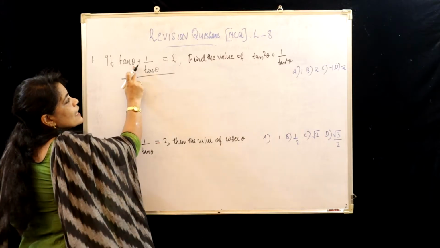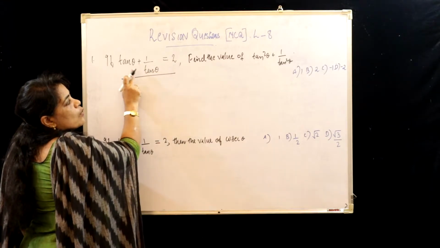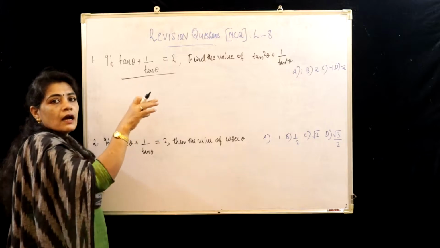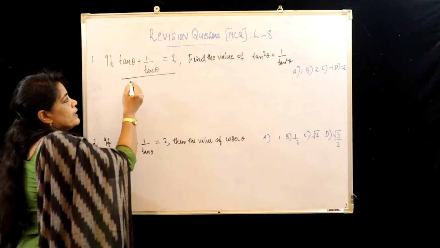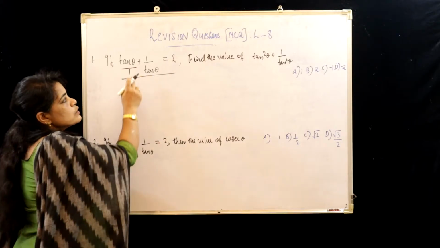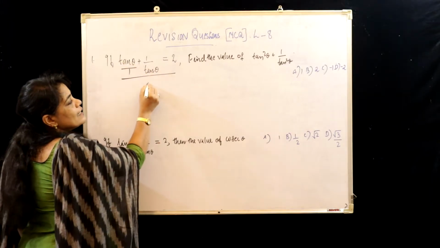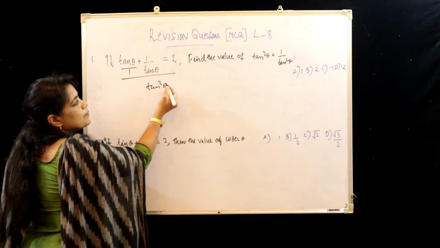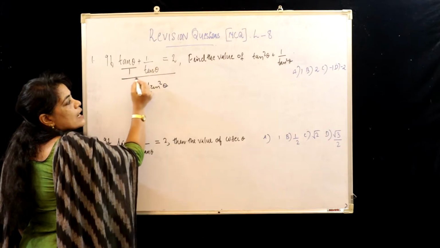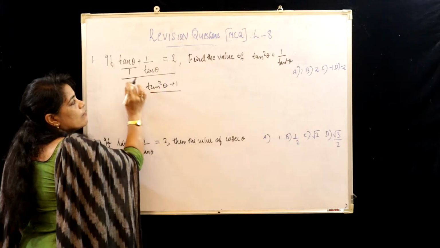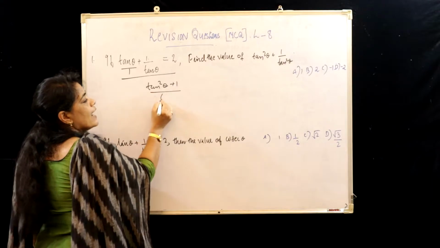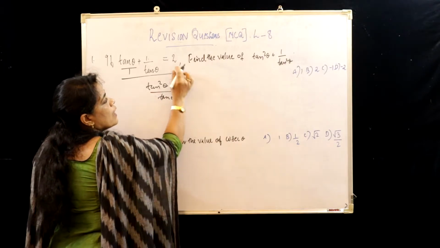Since they are connected by a plus sign, in order to solve we have to take either the LCM or cross multiplication. So tan theta into tan theta is tan square theta, and 1 plus 1, divided by 1 into tan theta, equals the RHS, which is 2.